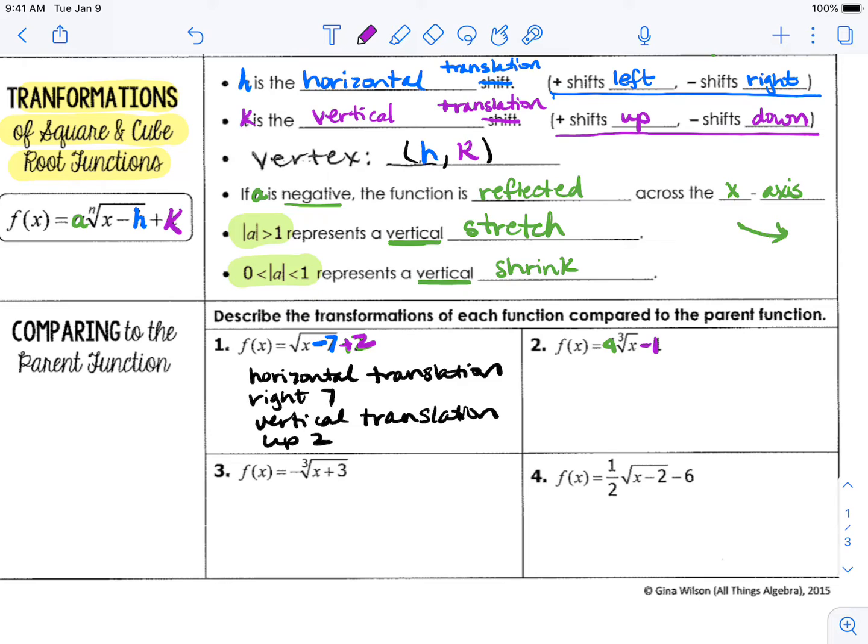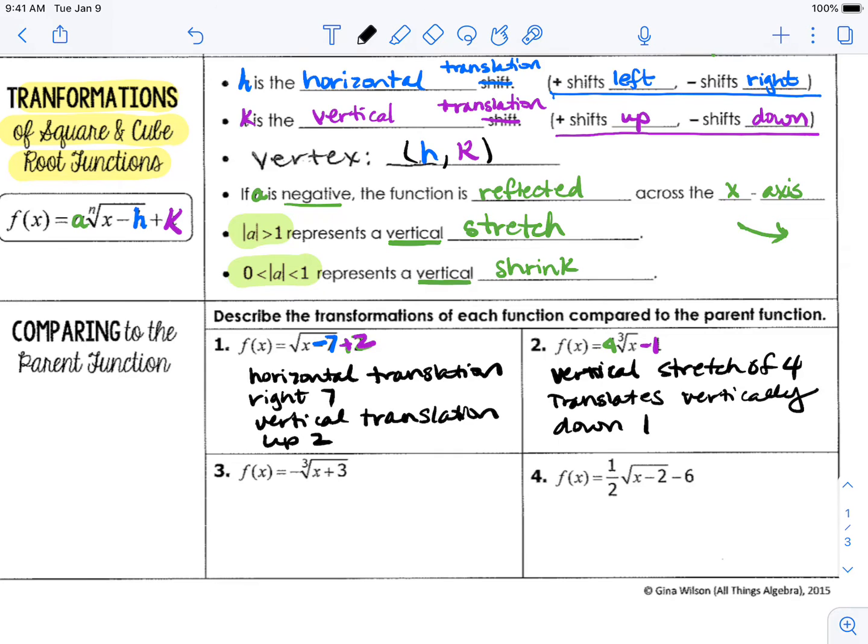I can talk about it being a vertical stretch of 4, and it translates vertically down 1. Okay.